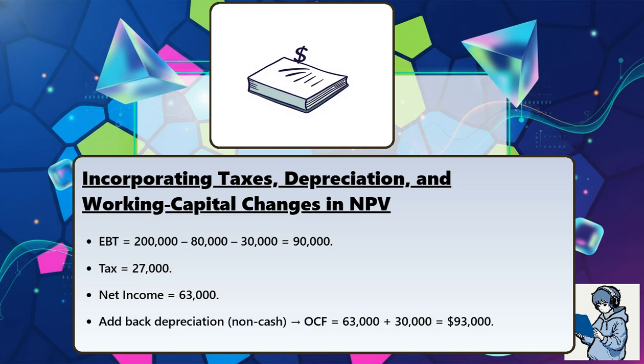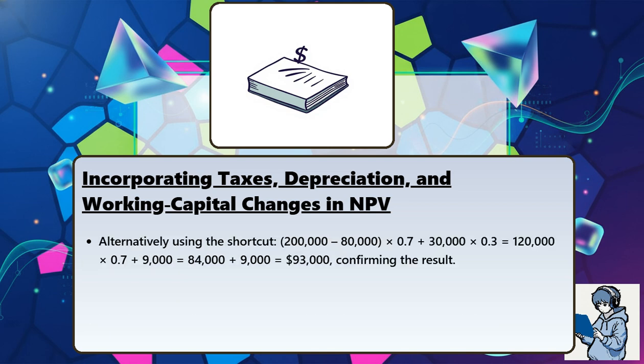Add back depreciation: operating cash flow equals 63,000 plus 30,000 equals $93,000. Alternatively, using the shortcut, 200,000 minus 80,000 times 0.7 plus 30,000 times 0.3 equals 120,000 times 0.7 plus 9,000 equals 84,000 plus 9,000 equals $93,000, confirming the result.